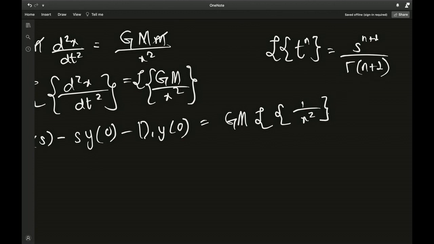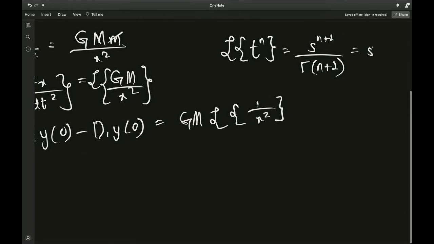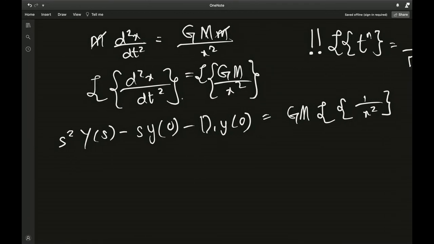And we have a negative 2 for n. So we'll have s to the negative 1 over gamma of negative 1. Now the gamma function is very poorly defined over negative numbers. So we will have a problem here. That's why we can't use Laplace transform.